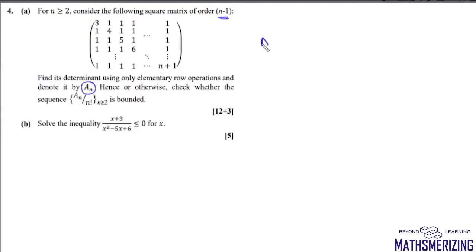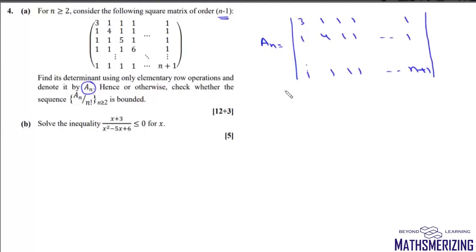This determinant, they have denoted it by an. So it will be 3 1 1 1 1, 1 4 1 1 1, and finally 1 1 1 1 n plus 1.